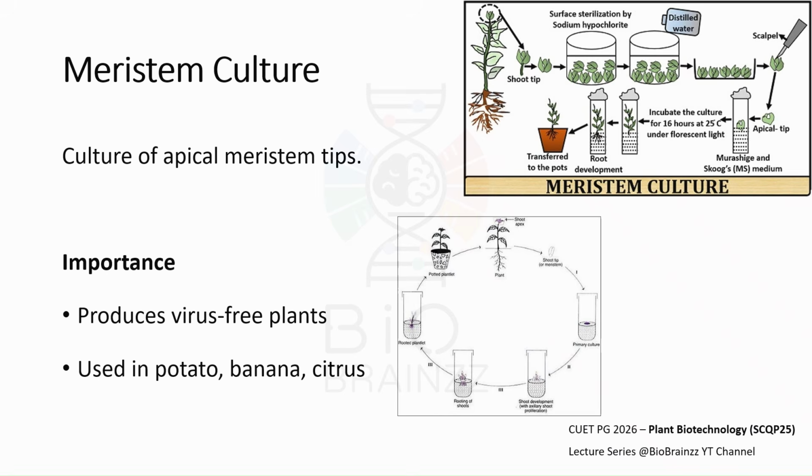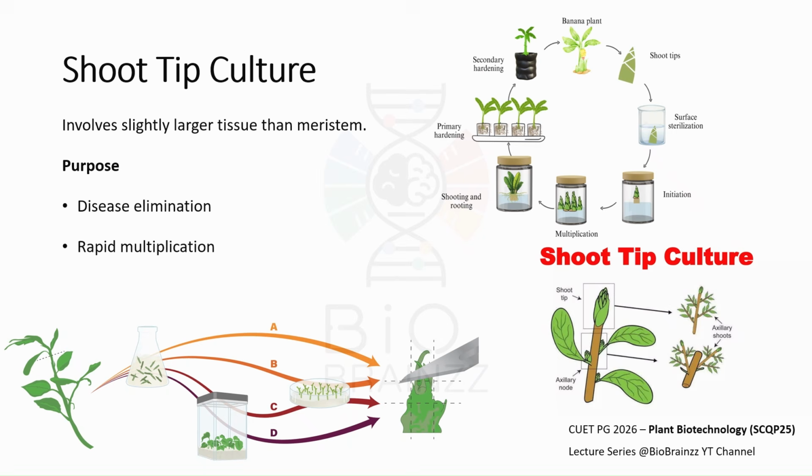This is especially important for vegetatively propagated crops like potato, banana, and citrus, where viral infections can accumulate over generations. CUET-PG often asks application-based questions such as which technique is used to eliminate viruses from plant stock. The correct answer is meristem culture.